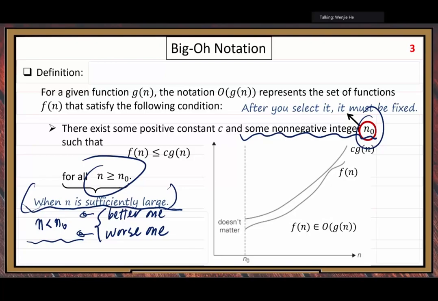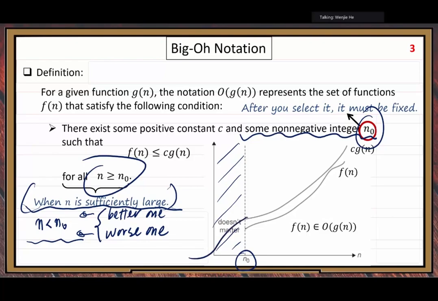But for that part, this dashed line, the vertical line at the n naught location, this part you can see it doesn't matter. So when n is less than n naught, which curve is higher and which is lower doesn't matter.